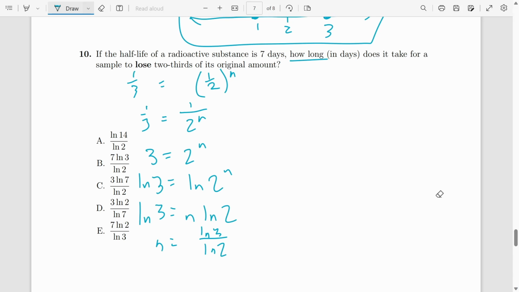So if we multiply by the length that it gives us, which is 7 days, we'll get our desired time for it to lose a third of its stuff. So we multiply by 7, so this is just 7 times ln 3 over ln 2, and that's b.